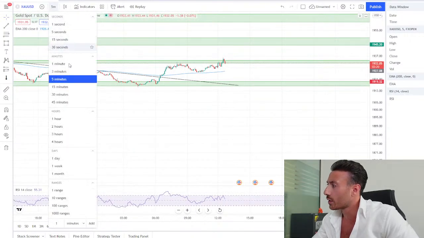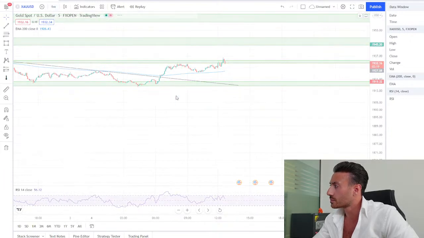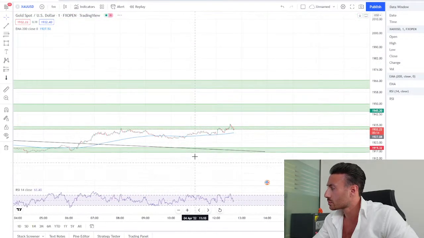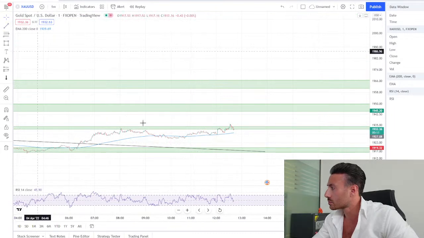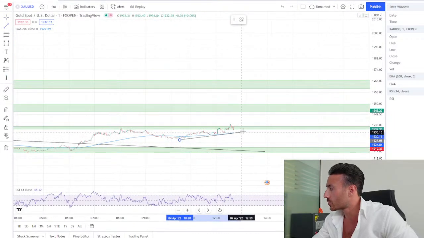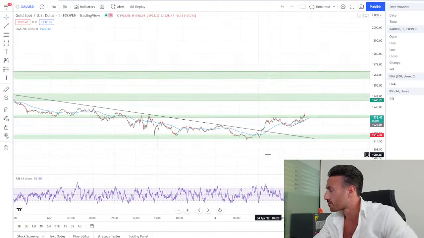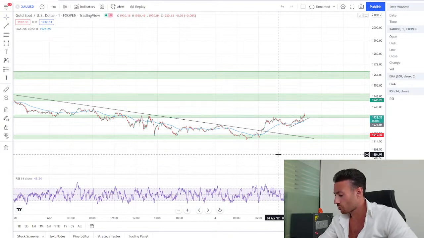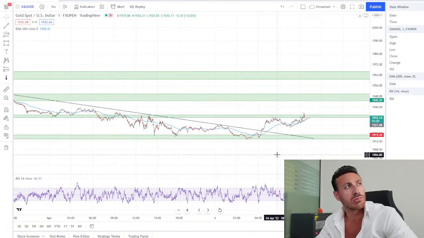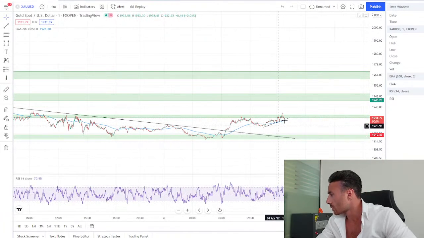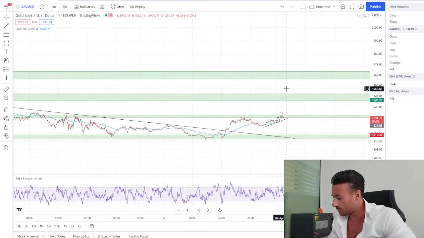If I go on the 1 minute chart, there's a small trend line here going on. There we go, we're still going down.